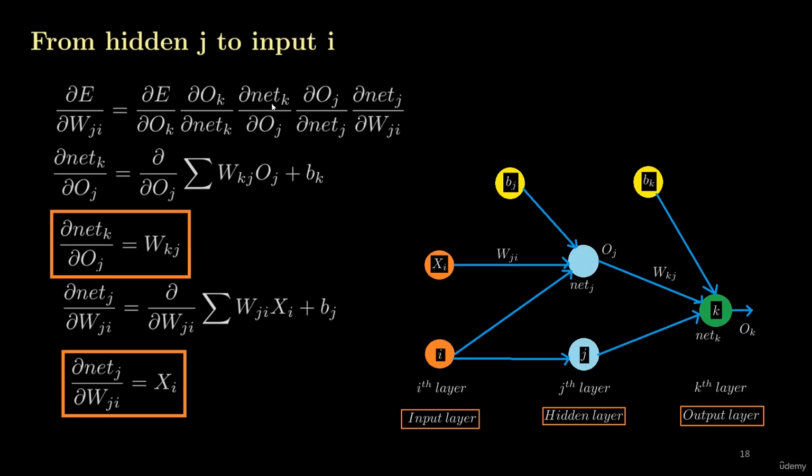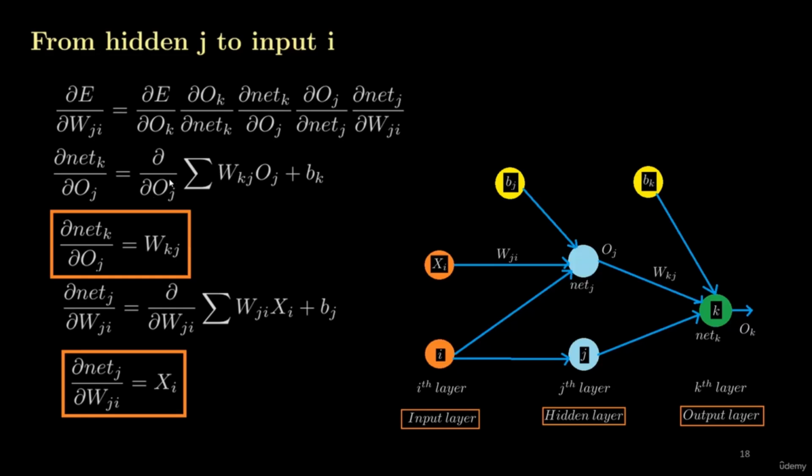First of all, we should know what is net K, or what is the equation of net K. In the lecture on forward propagation, we learned how to calculate the equation for net K. Student, if you remember, that is the equation which we obtained during the forward propagation. So we have to take the differentiation of that equation with respect to OJ.